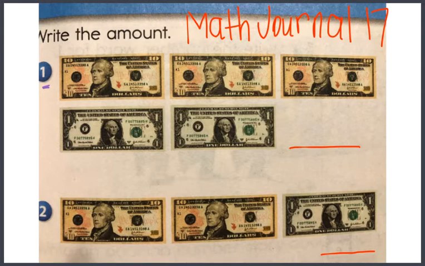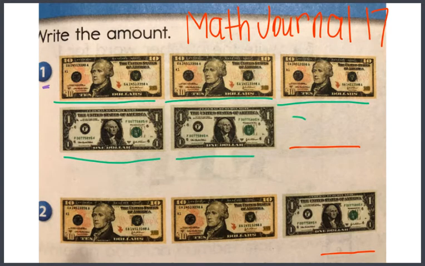I know that $10 bills are the largest. I'm going to start with those first and count by tens. Here I go. 10, 20, 30. I see 2 ones here. 31, 32. I have $32.